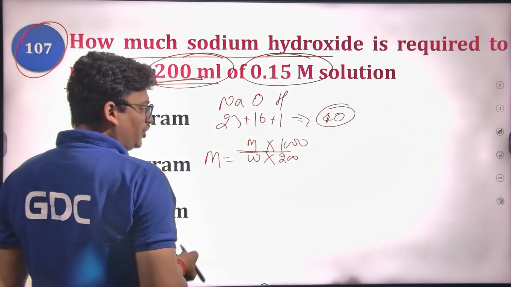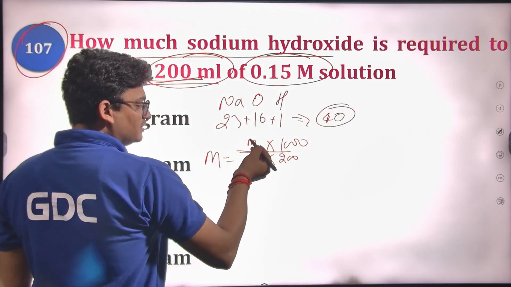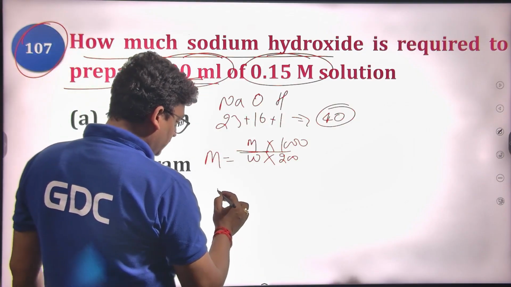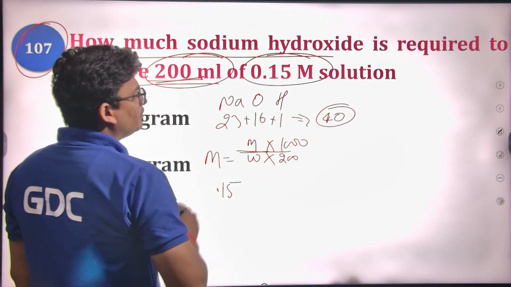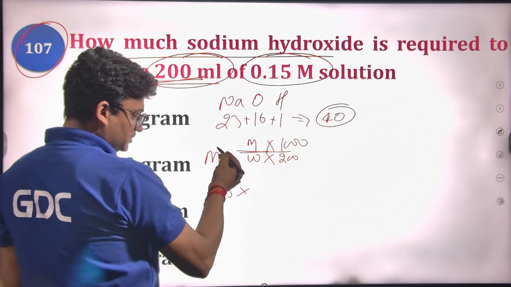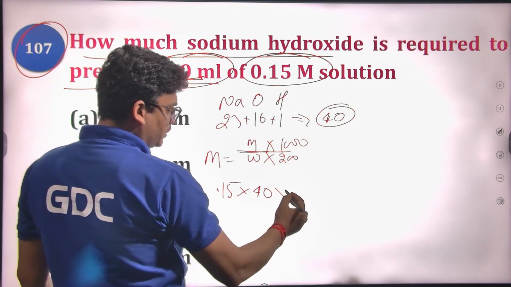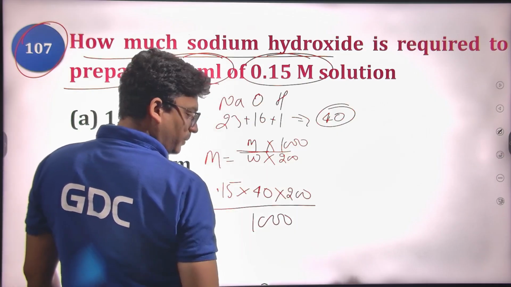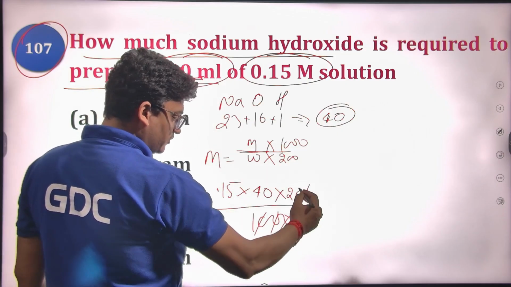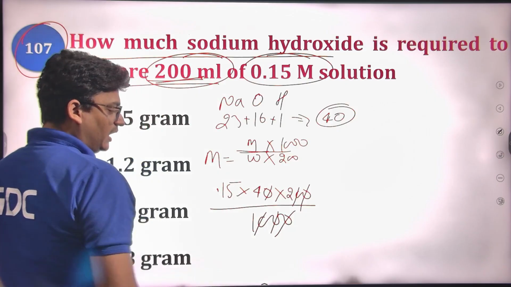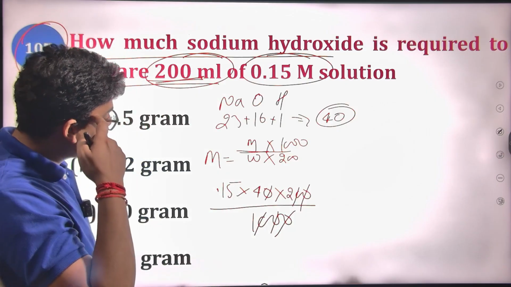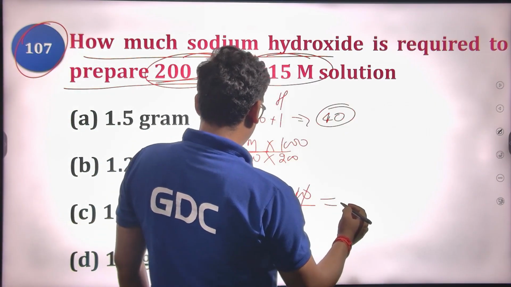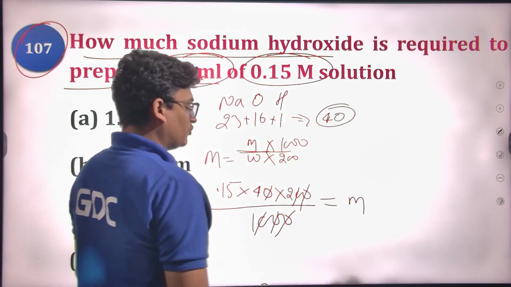So this M we are having, W we are having. This small w is what we have to find out. Value of M is 0.15. So 0.15 into this W, the molar mass became 40, 200 upon 1000 here. 4 twos are 8, that is W, what we have to find out.